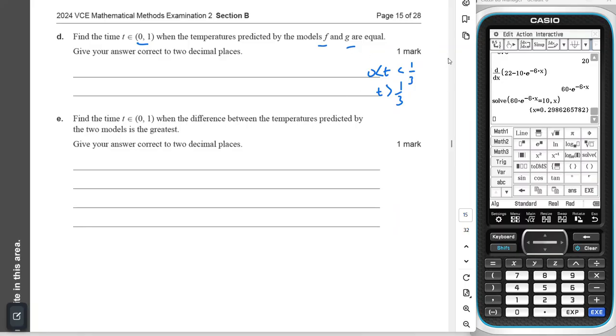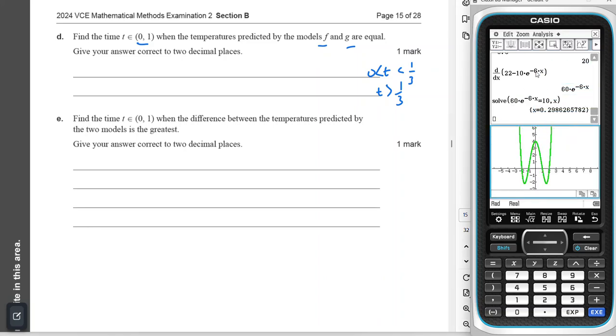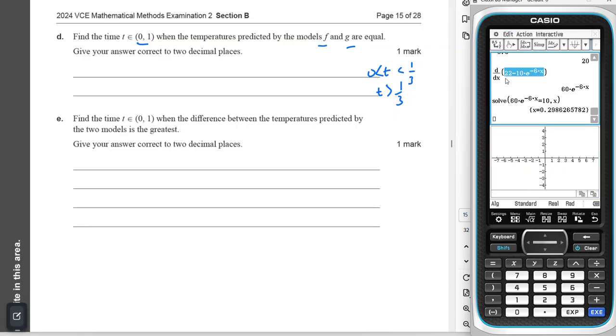Okay, so let's have a little look at the graph of this one. So edit, clear all. Let's have a little look at this one.